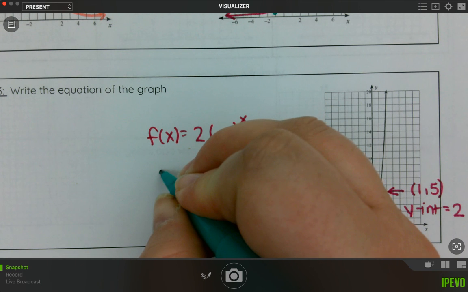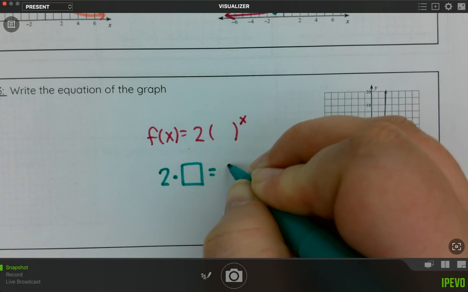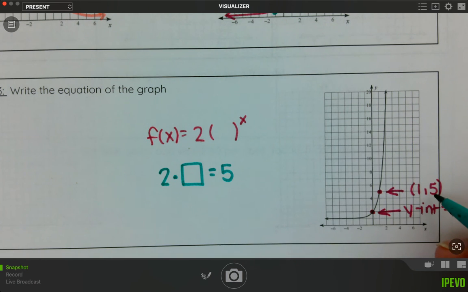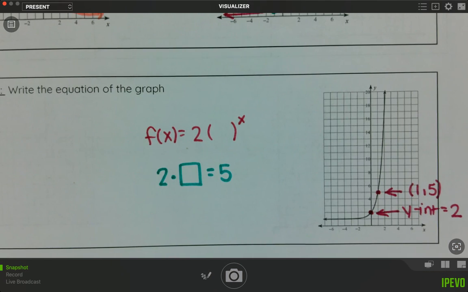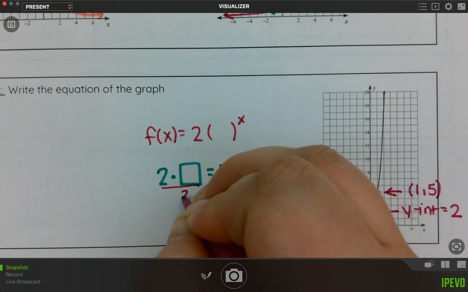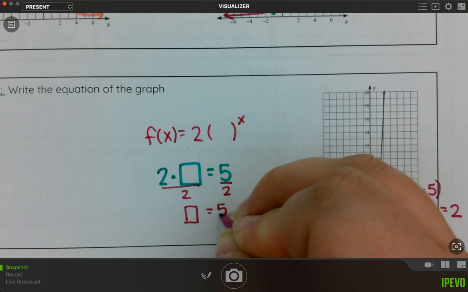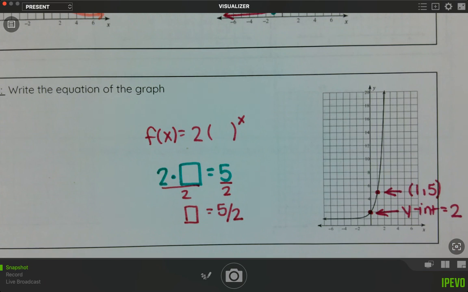So basically, 2 times what will get me to 5, because that's where my next y value is. And that's not going to be a whole number. 2 doesn't go into 5 nicely. So if you set it up like this, you can always just divide by the 2 on both sides to get that your blank that you're missing is 5/2.